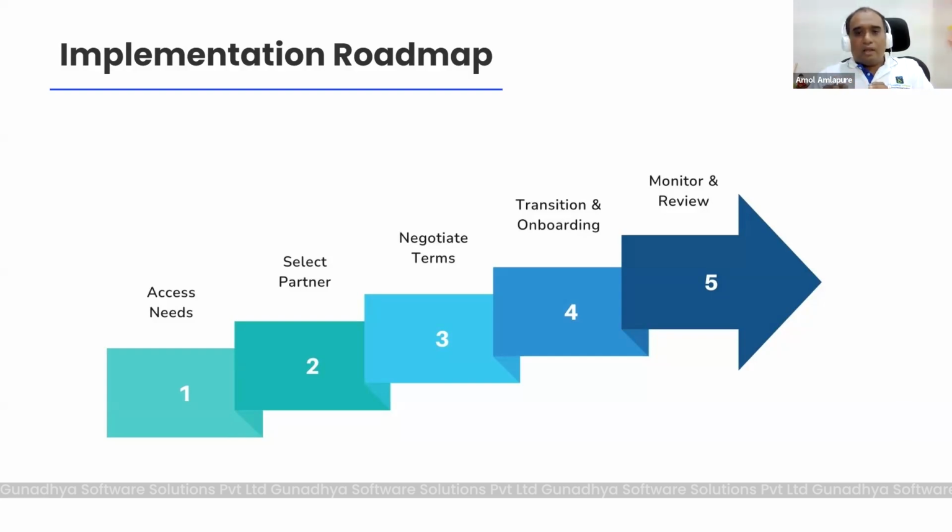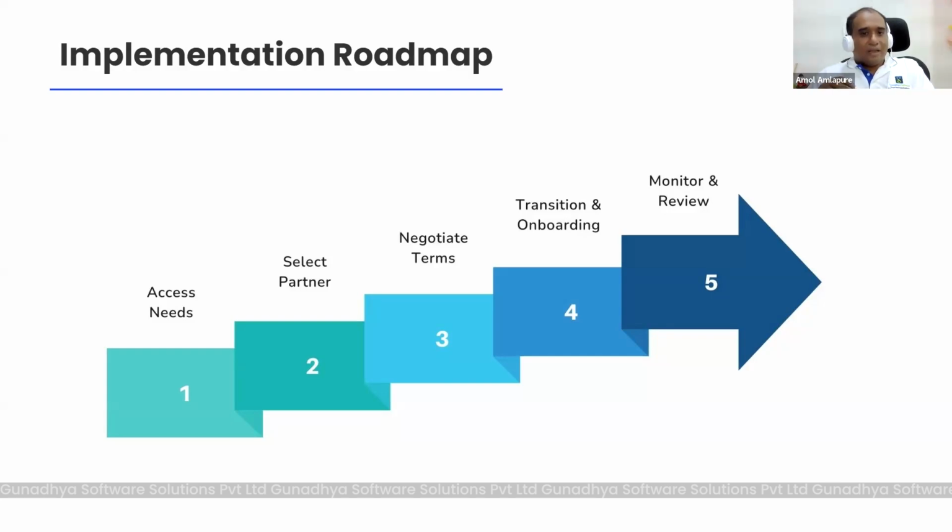This is going to help both the partner as well as you in a conflict situation, because you have everything written in terms of a contract. So once you have this, you are going to start with your outsourcing project.